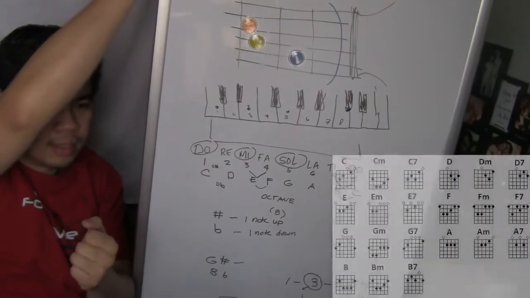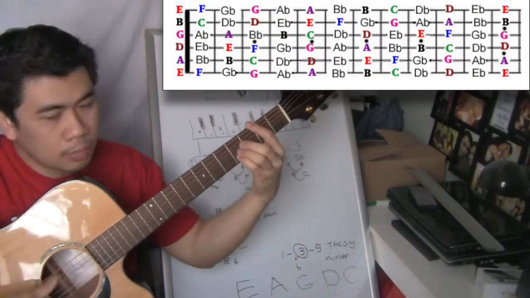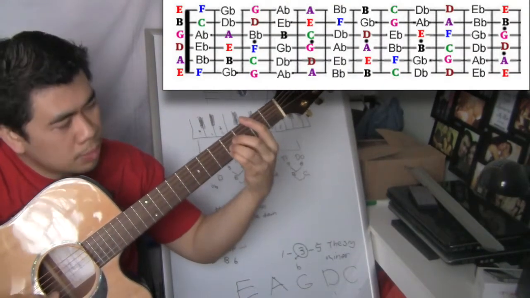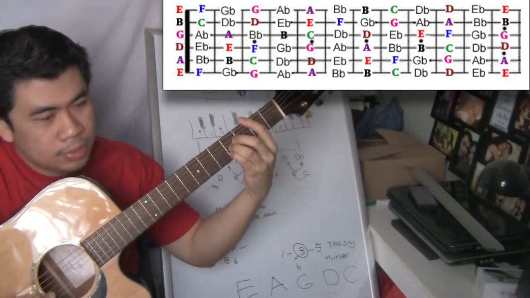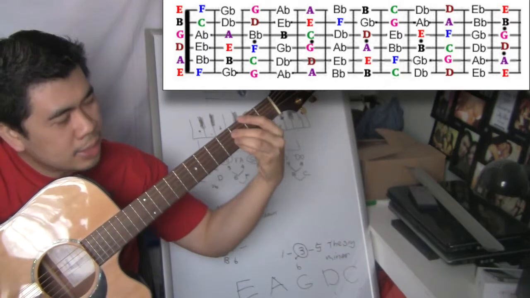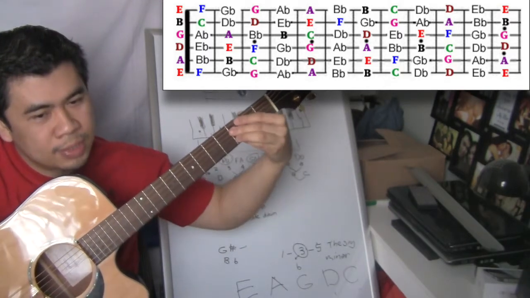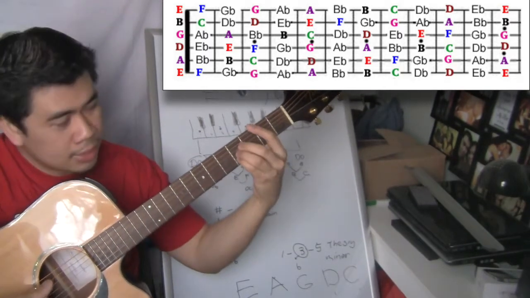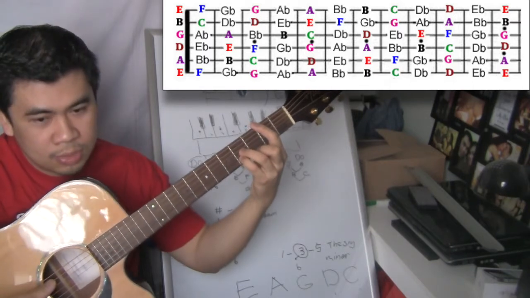Make sense? I want to make this a minor. This is the third note. Ideally, I should move my pinky, but it's hard with my finger. So to have access, I have to move here down, and these two go up.